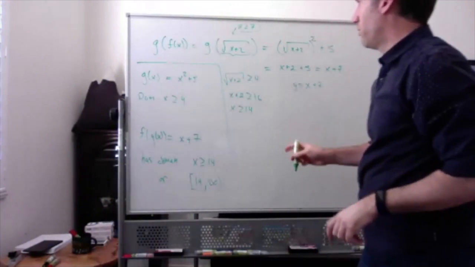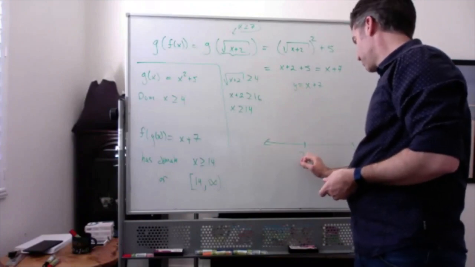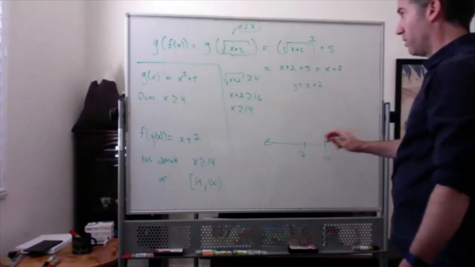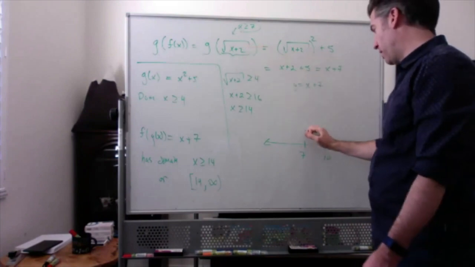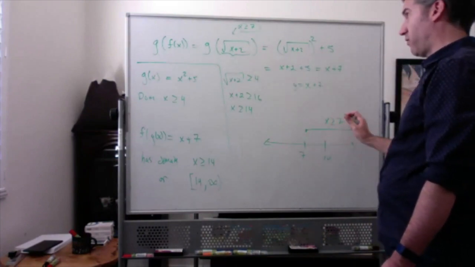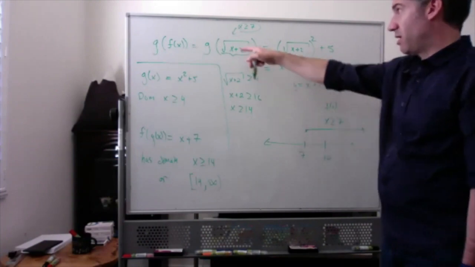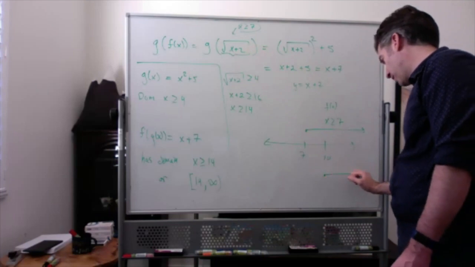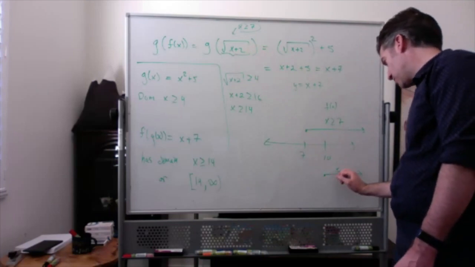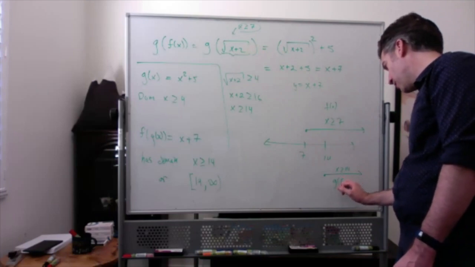So, right, from the inner part, the inner function has a domain that has x bigger than or equal to 7. That's from the f of x part. And then the outer thing, this is x bigger than or equal to 14, and that's from g of f of x, right?